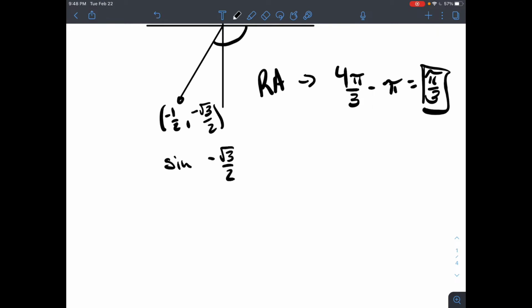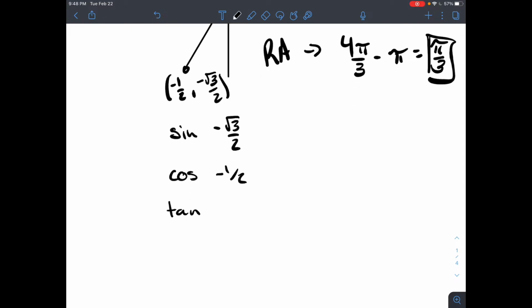3 over 2, cosine, -1/2, tangent is sine over cosine, which is going to be negative radical 3 over 2 times negative 2 over 1, multiplying by the reciprocal.